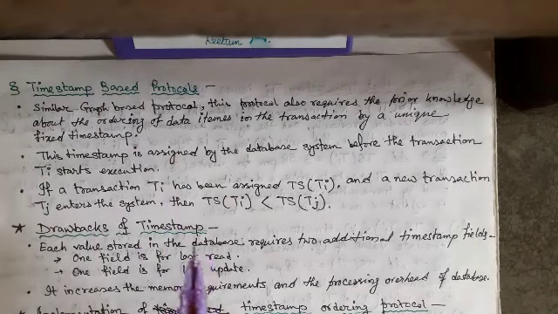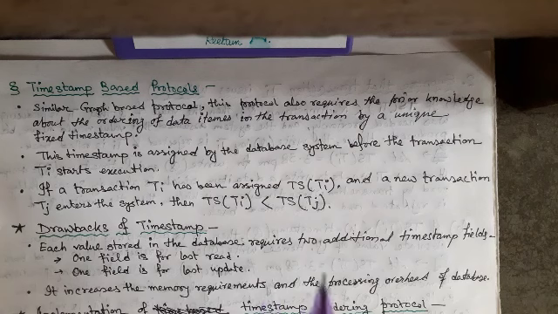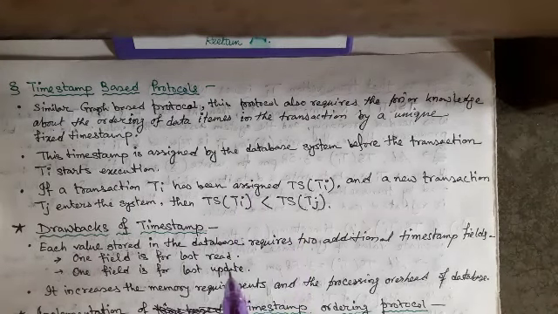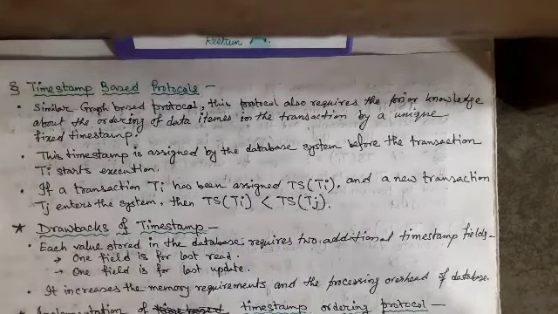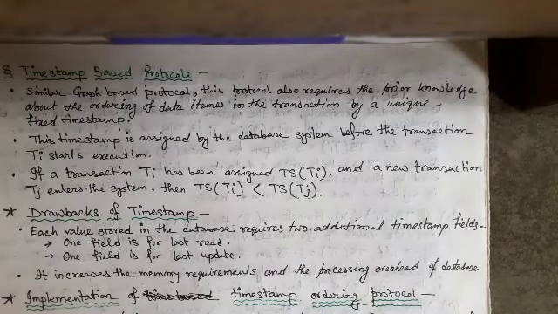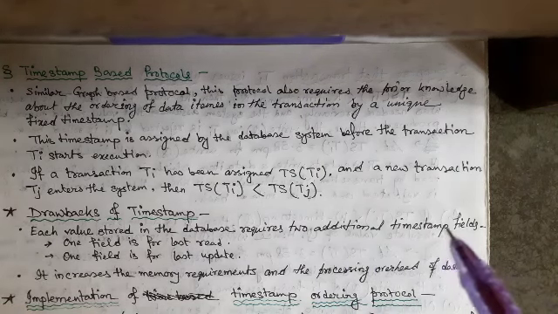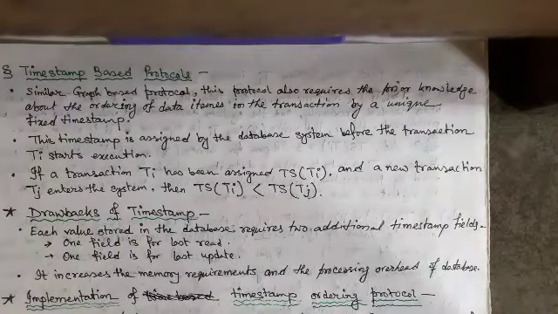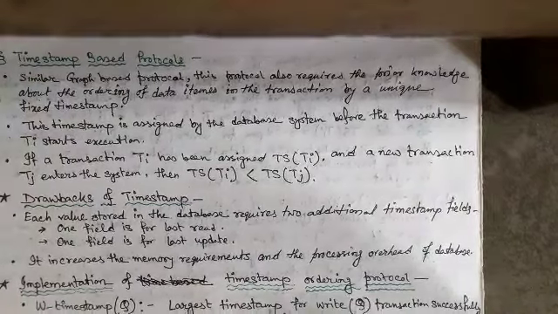Like the graph-based protocol, this protocol also requires prior knowledge about the ordering of data items. In this protocol, a unique fixed time is given to a specific transaction, and this time is known as the timestamp.